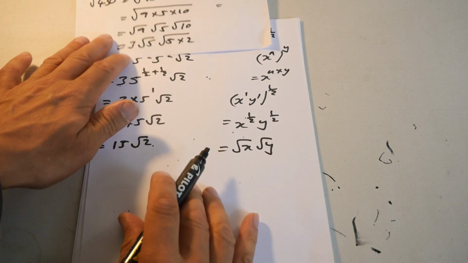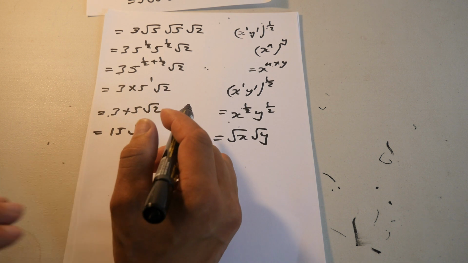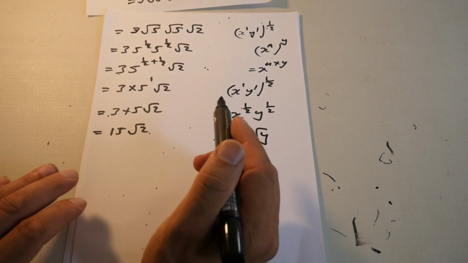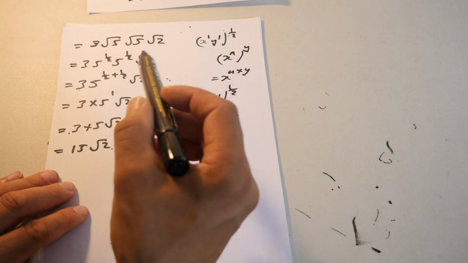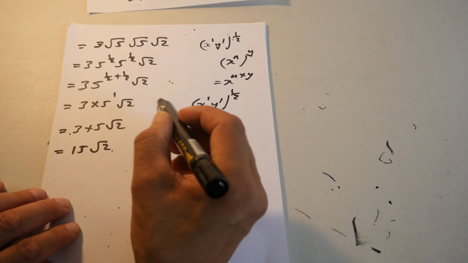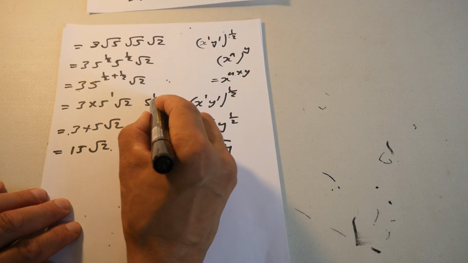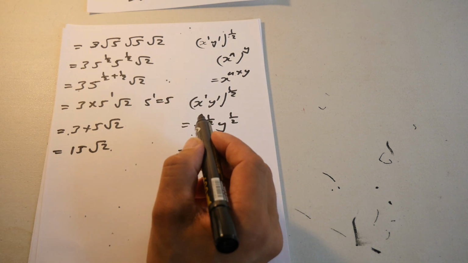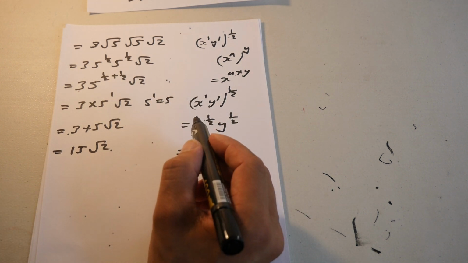Okay, so just to elaborate, 5 to the power 1 is 5, I mentioned before, that's that indices rule. And what else was there?